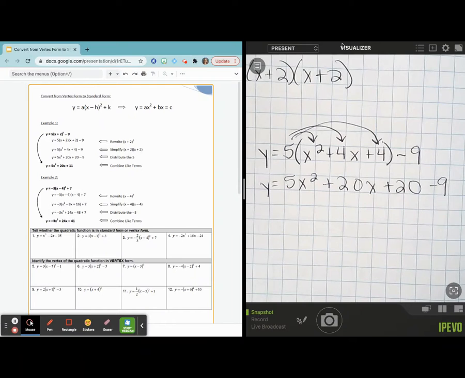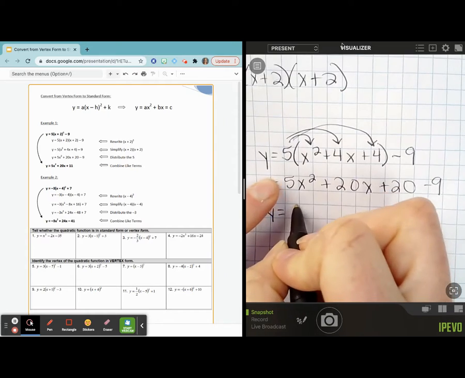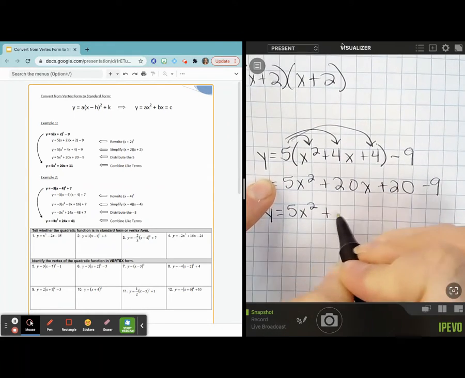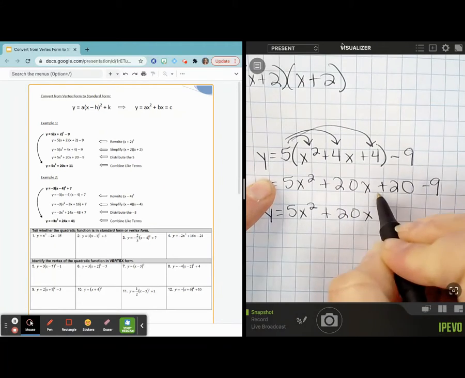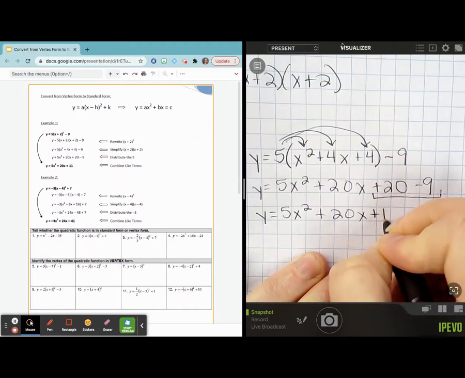Then our final step is to see if we can combine any like terms. 5x squared is the only one of its kind. 20x is the only one with x. Now we have 20 minus 9, so that'd be plus 11.